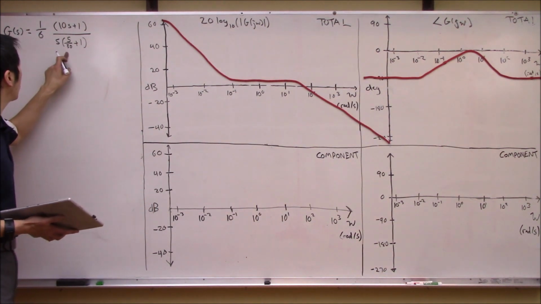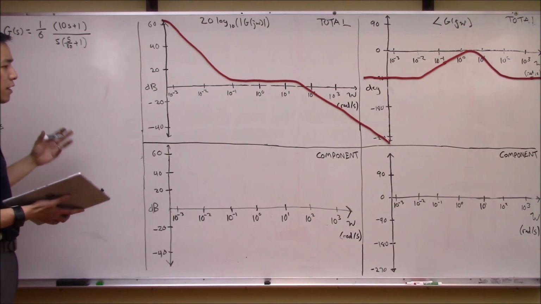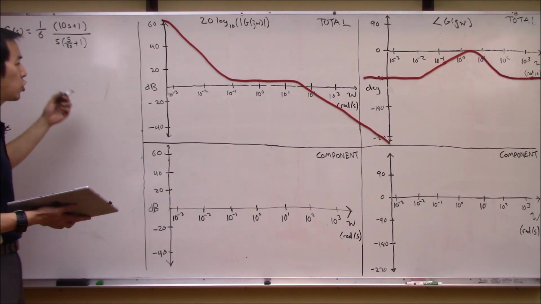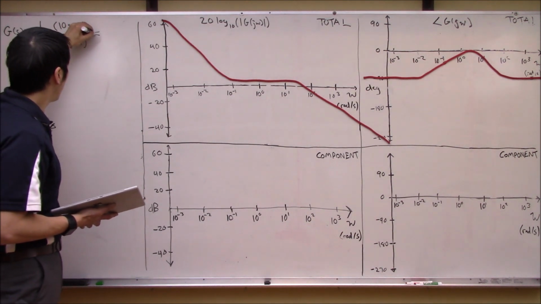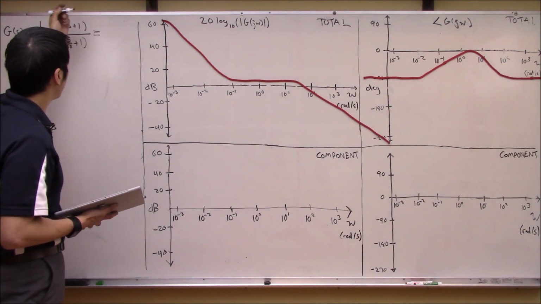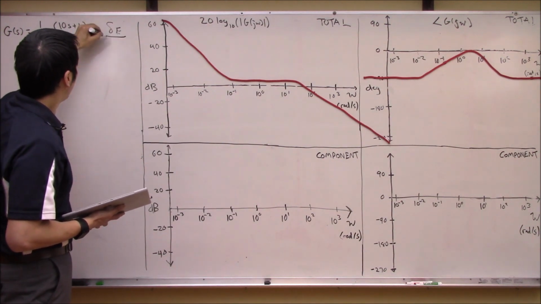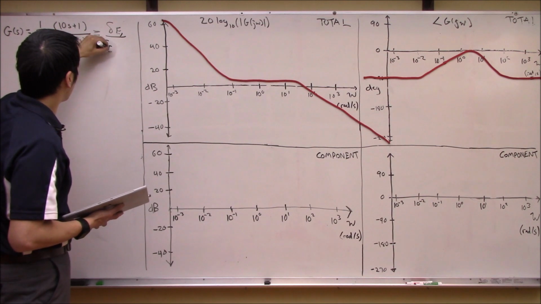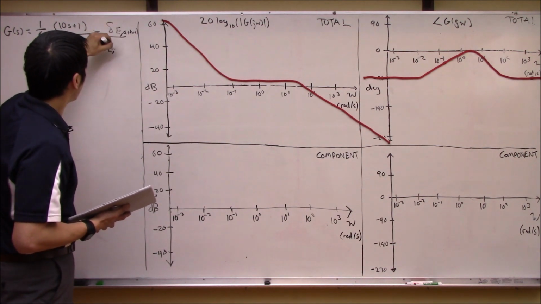So, coming back to our original transfer function G, what if this represented something like an actuator on an aircraft? Maybe this describes the frequency response of how the elevator responds to a command. So this could be delta elevator actual over delta elevator command.